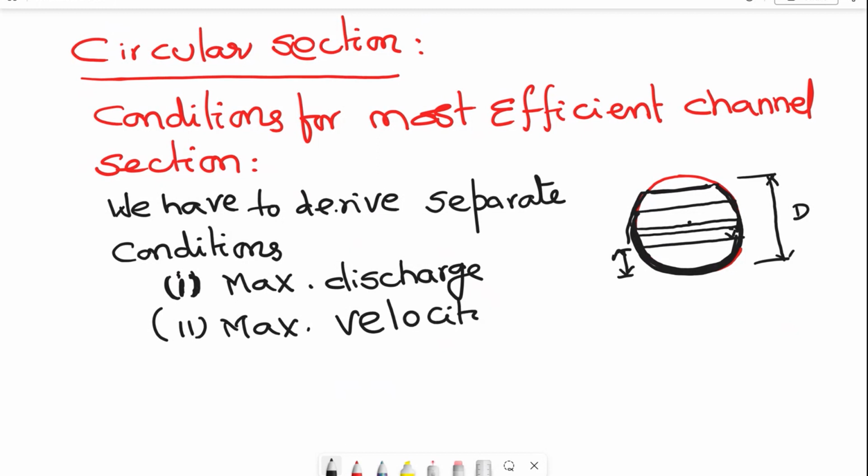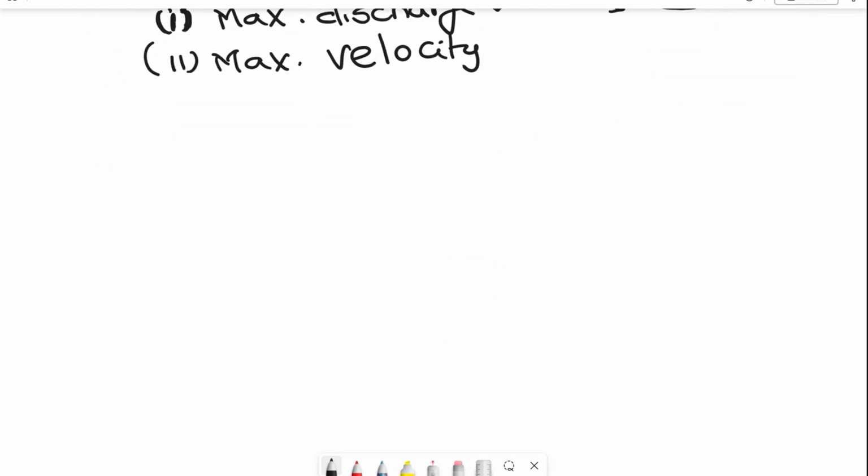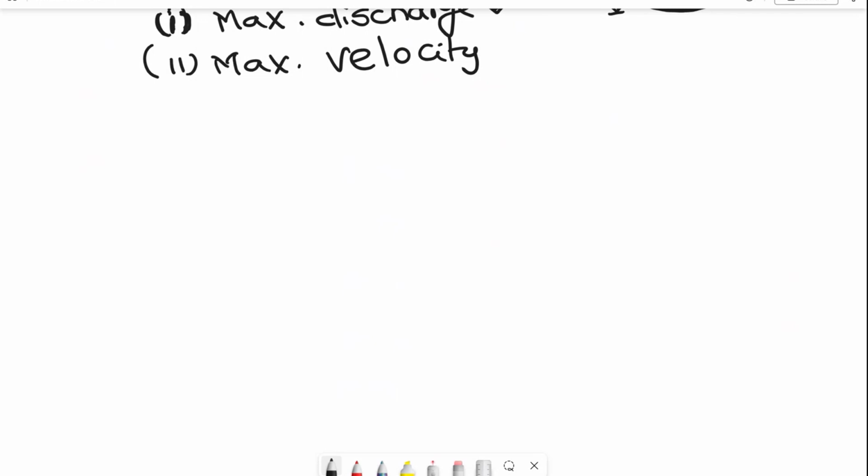This is the first thing. In all the previous cases, we only did this assuming that if it is done, automatically it is efficient. That is what the condition is. Now for this, I will take it. Let us see.